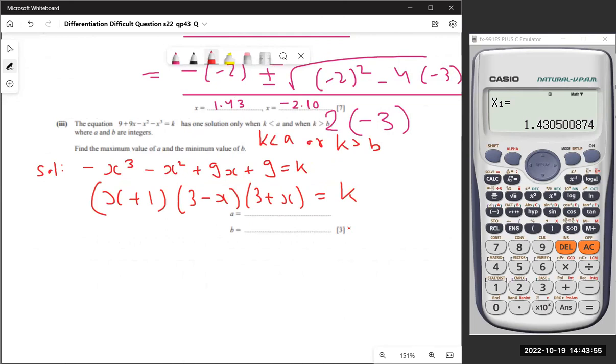As only one solution. All right. Now our job here is to realize that since it only has one solution, okay, I think we don't need to do this part, but we have to take that.